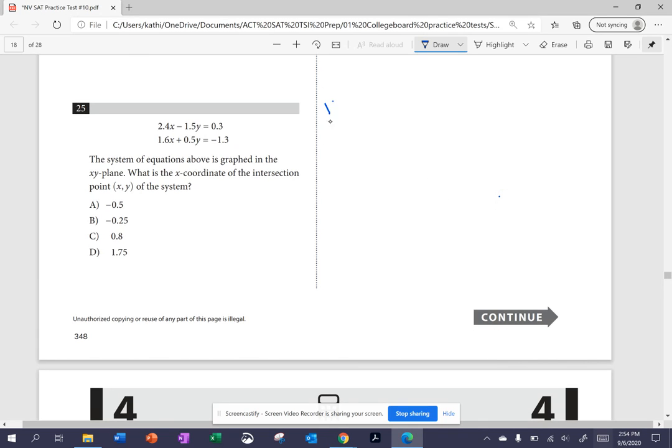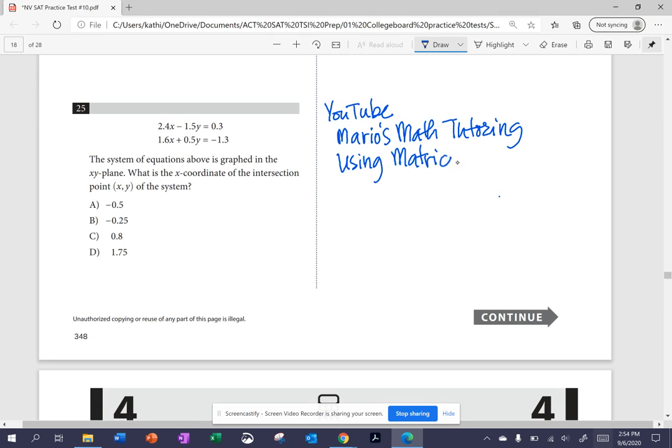And I found a YouTube video by Mario's Math Tutoring called Using Matrices to Solve Systems of Equations on the TI-84 calculator, and he goes through the directions step by step.